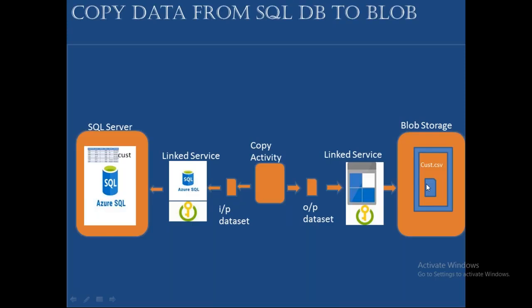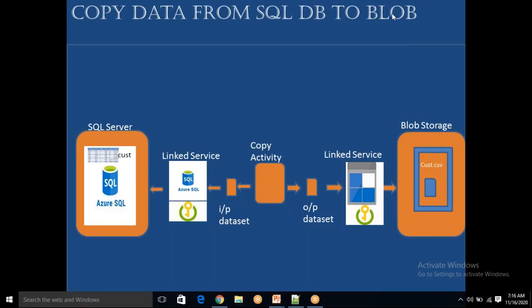Remember, you can go with any of these file formats. The only difference is that with Parquet, Avro, ORC, you cannot read them; they are not human readable file formats. The data in these file formats is compressed data. That's why I'm going with customer.csv, or customer.json, something like that.